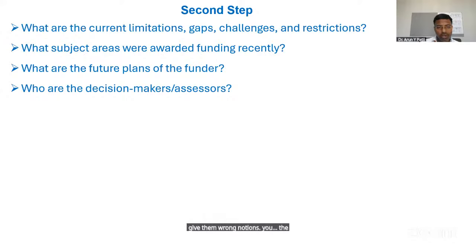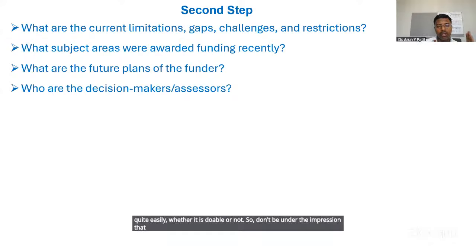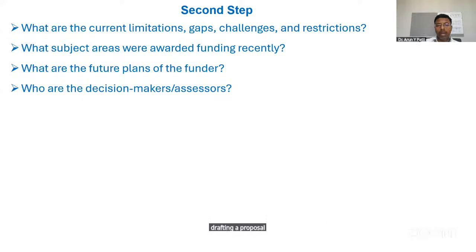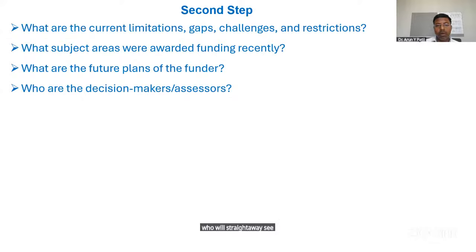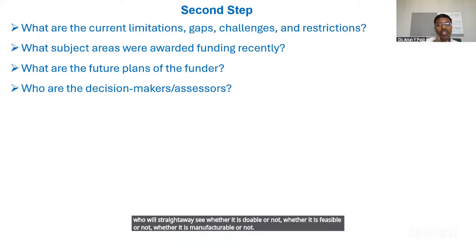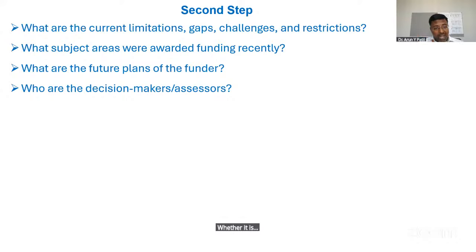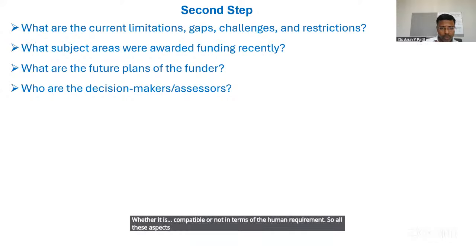The reviewer can diagnose or detect quite easily whether it is doable or not. So don't be under the impression that you are the smartest among all when you are drafting a proposal. There are much more efficient and experienced experts on the top, who will straight away see whether it is doable or not, whether it is feasible or not, whether it is manufacturable or not, whether it is compatible or not in terms of the human requirement. So all these aspects play a crucial role.